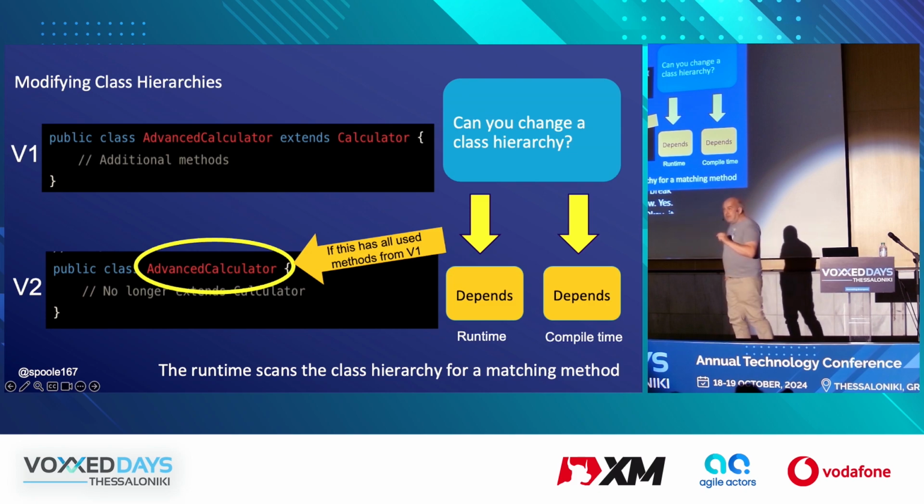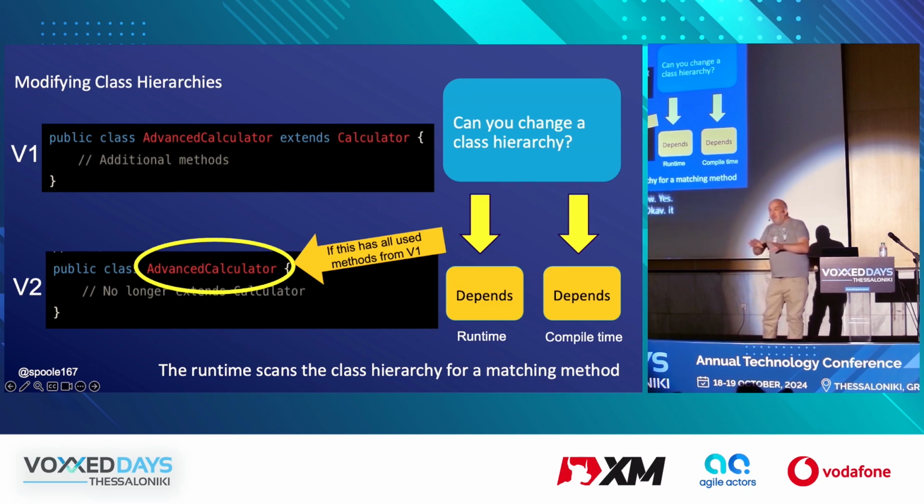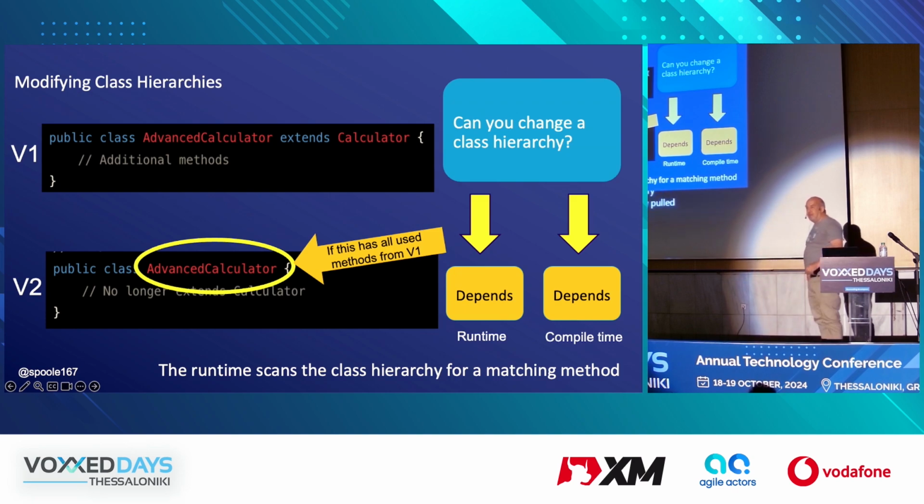Why does it depend? Well, because the runtime, when it looks for methods, looks up the hierarchy. It doesn't care where it finds them, it just looks up the object hierarchy you created. So if every method on Calculator is now pulled down into AdvancedCalculator, everything will work because the VM can find it. You see the differences between compile time and runtime. There are subtleties and they break you.